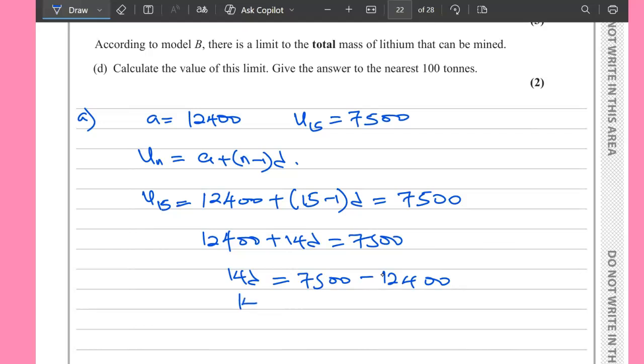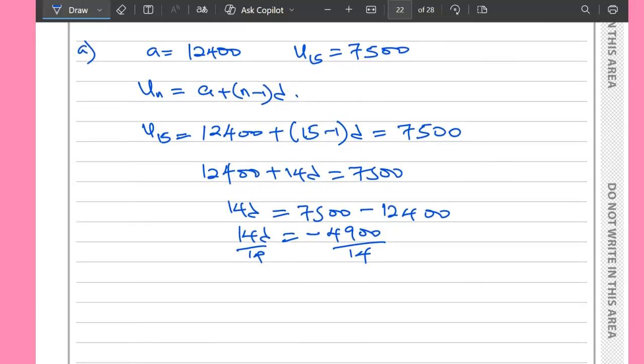So therefore 14d should be equivalent to, this difference should give you negative 4,900. Divide through by 14. Therefore d will be equal to negative 350.